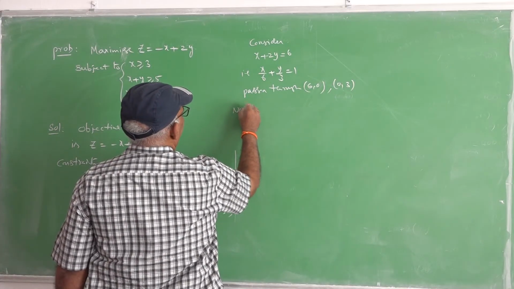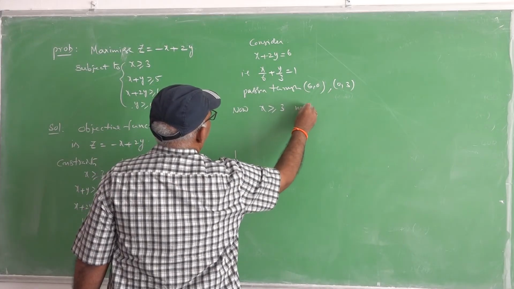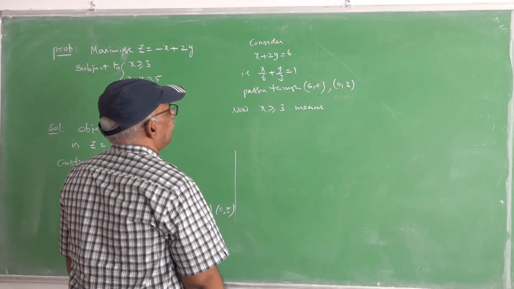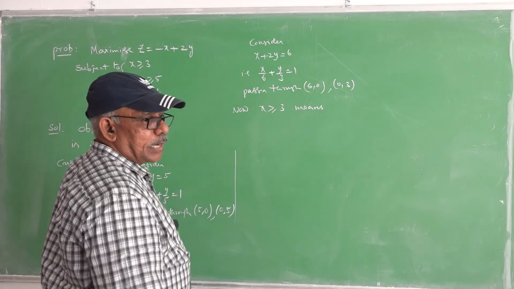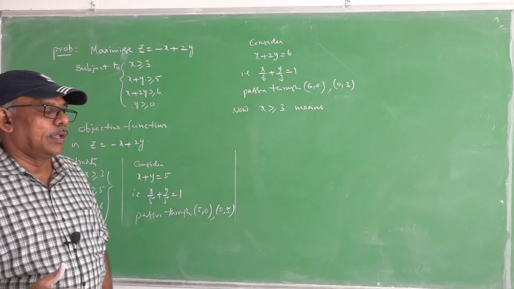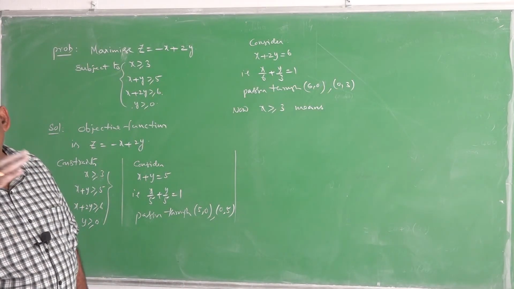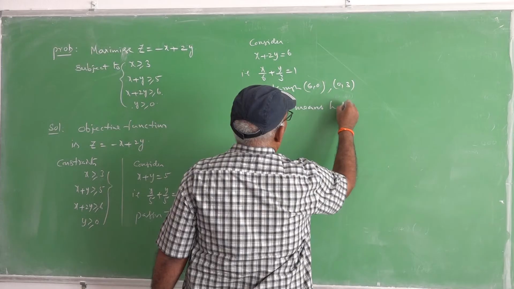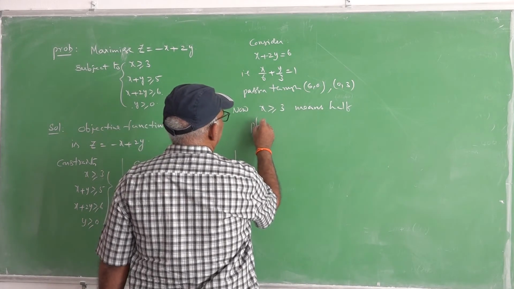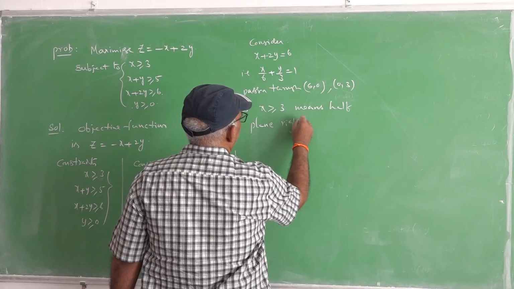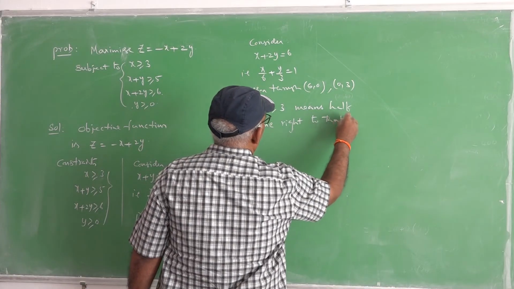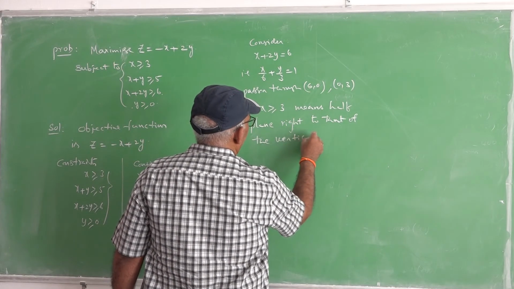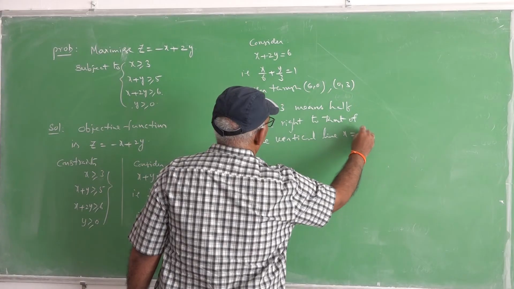Now the other condition, x greater than or equal to 3, means a vertical line x equal to 3, and x greater than or equal to 3 means the half plane right of the line x equal to 3.